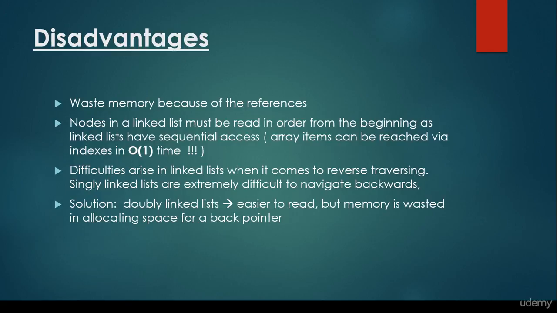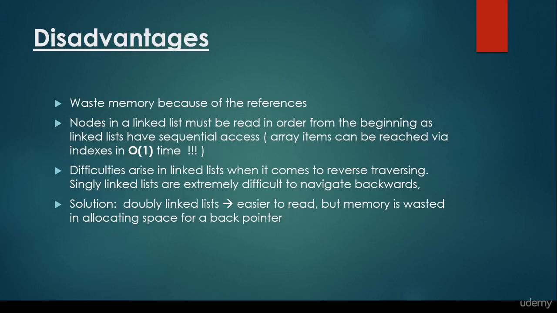Difficulties arise in linked lists when it comes to reverse traversing. Single linked lists are extremely difficult to navigate backwards, and the solution is the doubly linked list, where we store a reference to the next node and a reference to the previous node. It is easier to read, but memory is wasted in allocating space for a back pointer. It's very important that for arrays, we don't have to store a reference to the next item or the previous item.